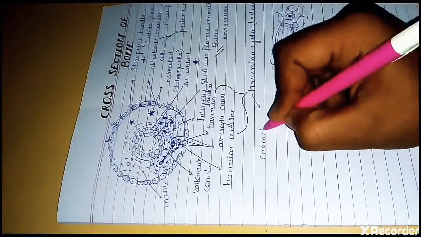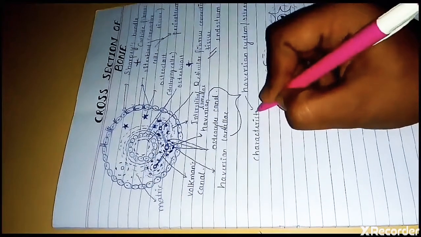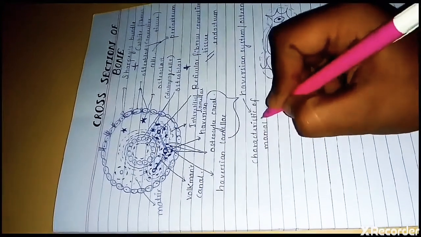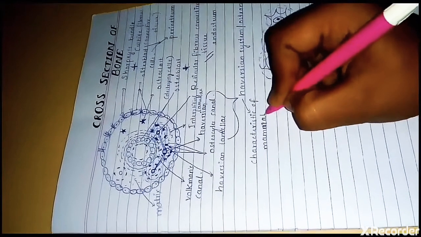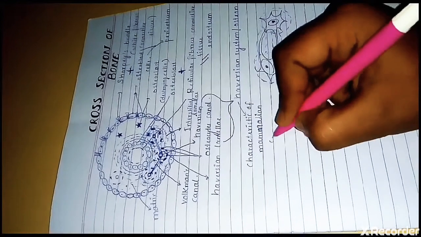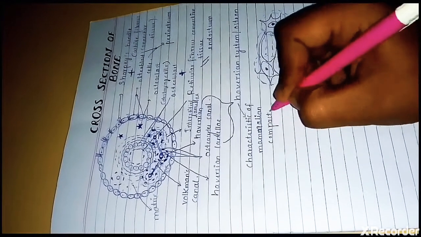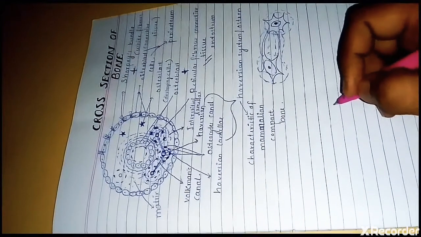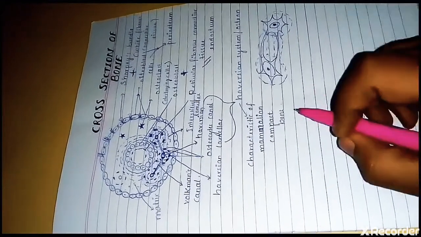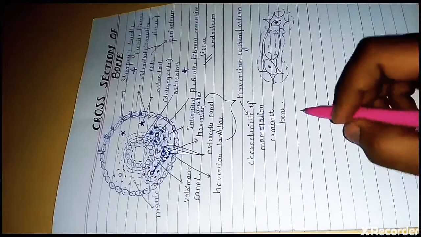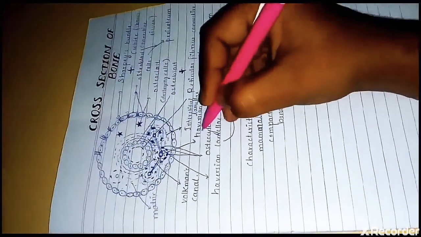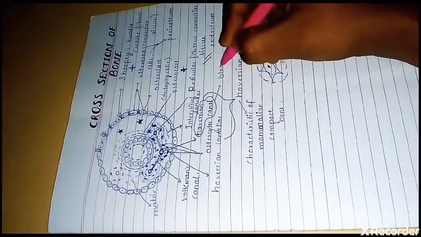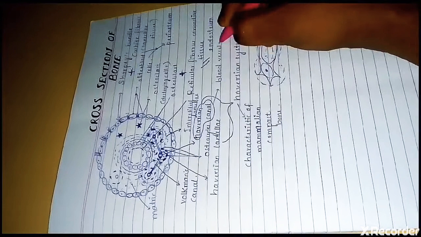Now listen, this Haversian system or the osteon is a characteristic feature of mammalian compact bone. This type of bone is only found in mammals. As I have previously told you, the Haversian canal has blood vessel supplies.